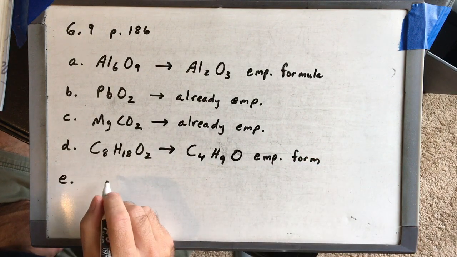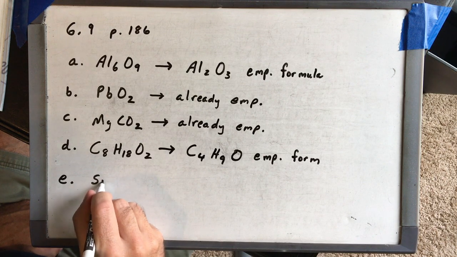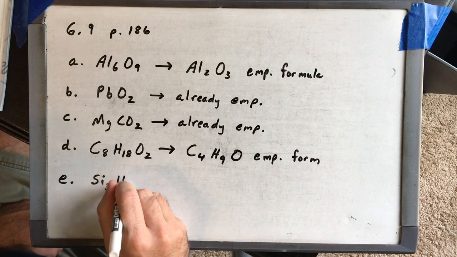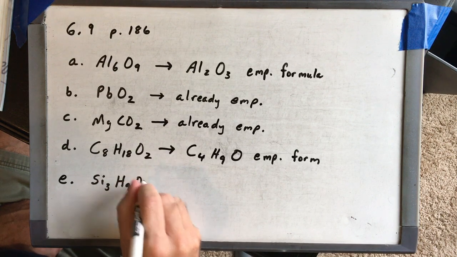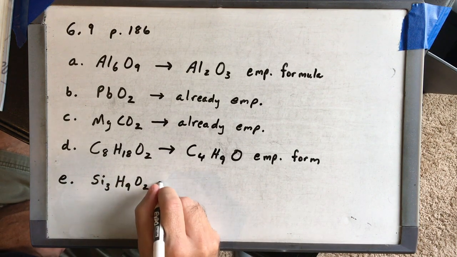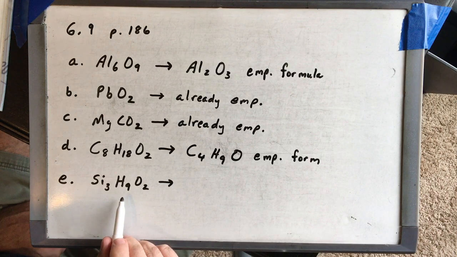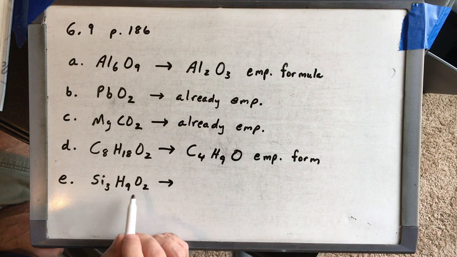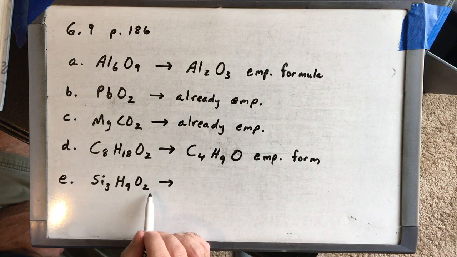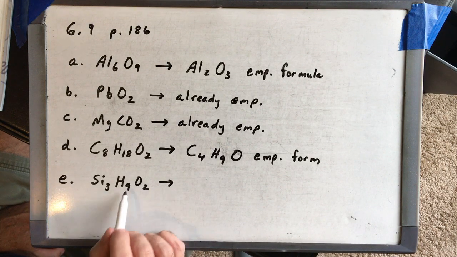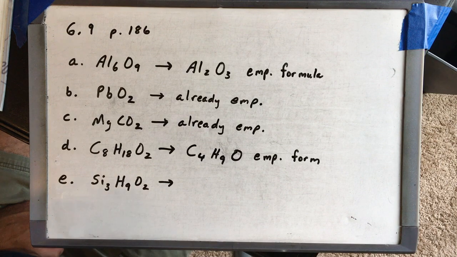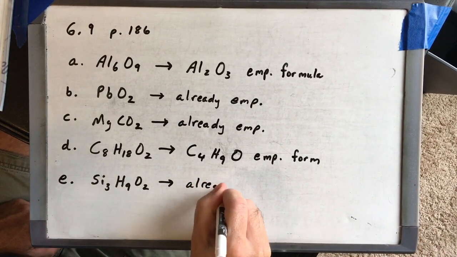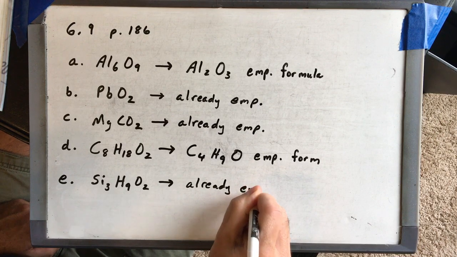The last one, part E, Si3H9O2. The greatest common divisor of those 3 numbers is 1. That can't be reduced. Okay, 3, 9, and 2. You can't come up with a number that you can divide all 3 of those evenly. So it's already empirical.